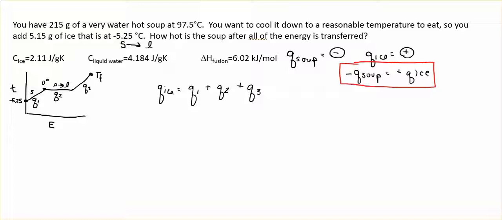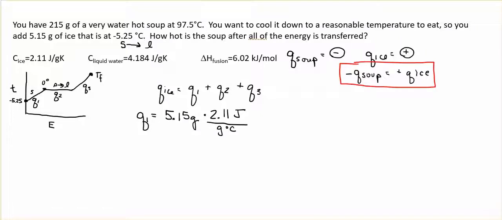So let's look at Q1. Q1 is a ramp. That means that it's MC delta T. So Q1 equals 5.15 grams of ice, that's the mass of ice that we have, times the specific heat capacity. We're a solid here, so the specific heat capacity we need is 2.11 joules per gram Kelvin or gram degree Celsius.